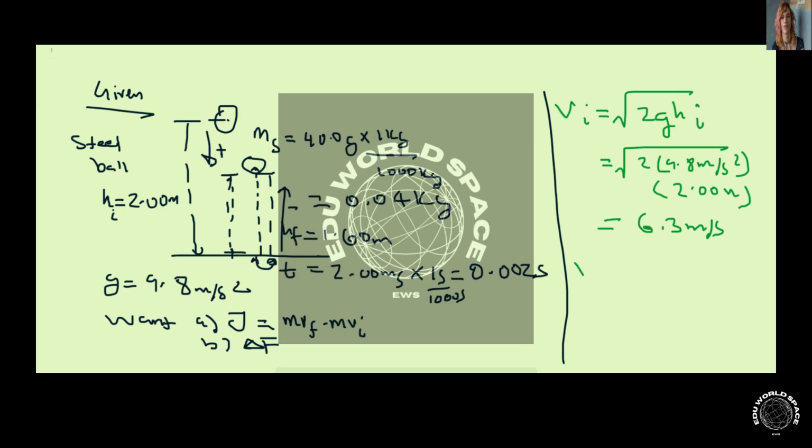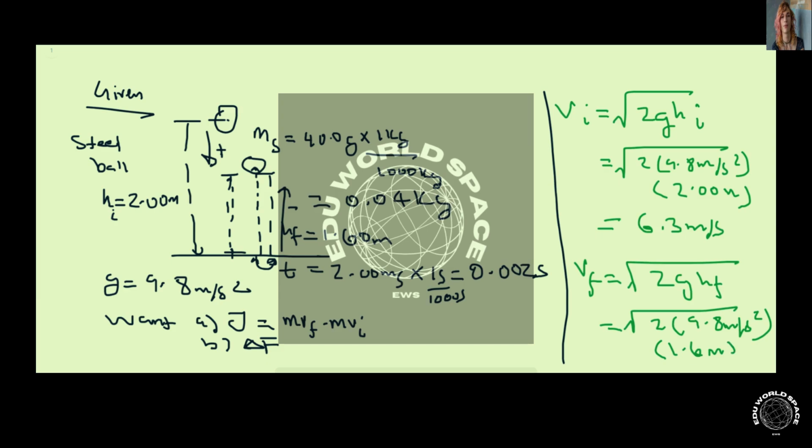The final velocity uses the same formula, the radical of 2gh final. So this is 2 times 9.8 meters per second squared times the final height, 1.6 meters. That gives us a final velocity of 5.6 meters per second. That velocity is a minus because of our direction and orientation.